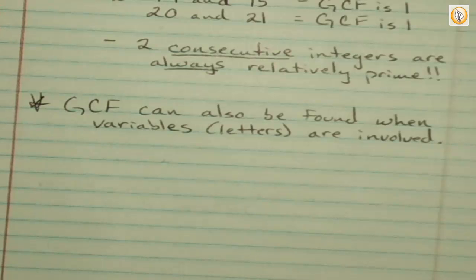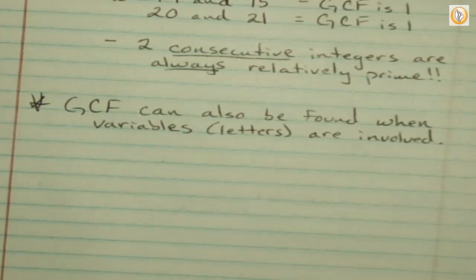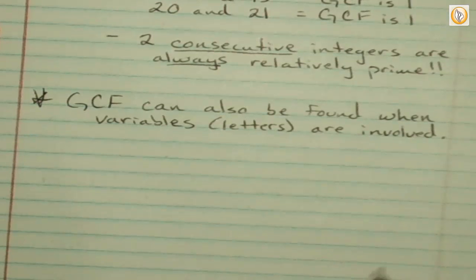Now, my students have realized that there's this shock and awe when it comes to finding the greatest common factor dealing with letters. It looks worse than it is. And in fact, dealing with the letters is actually a little bit easier. Let me show you.